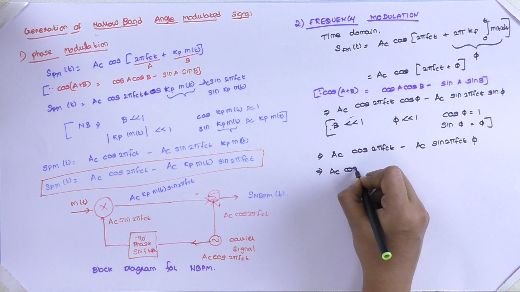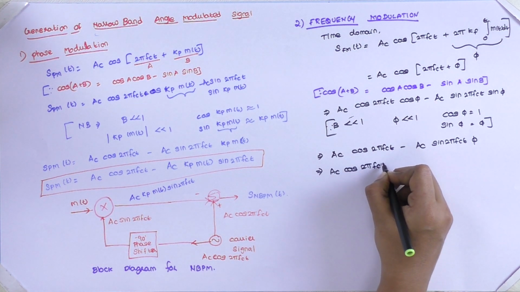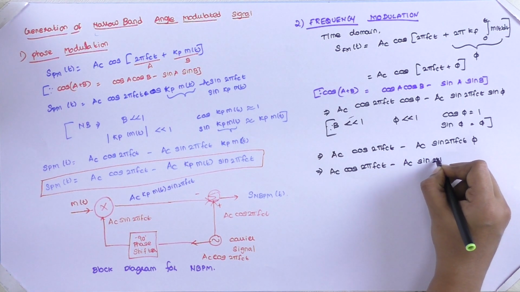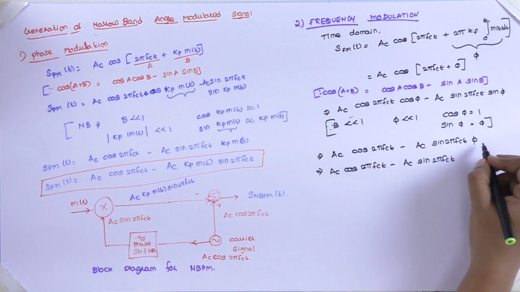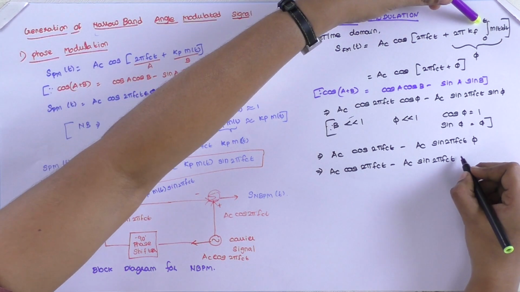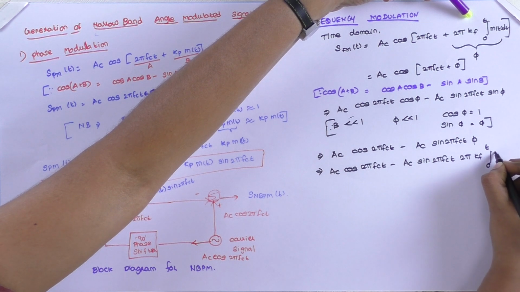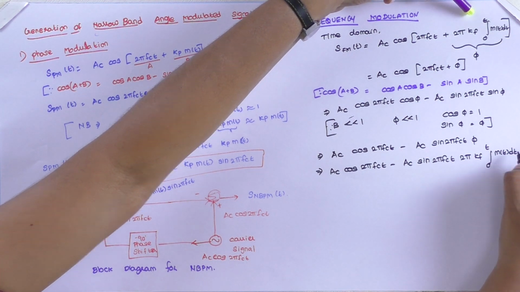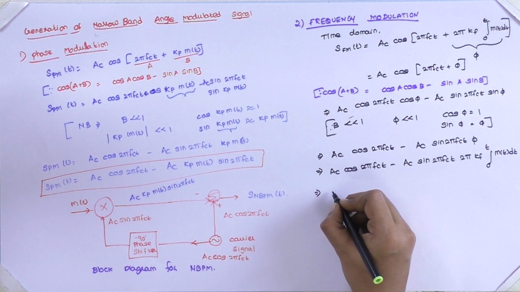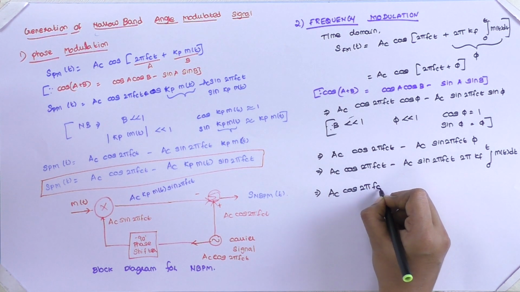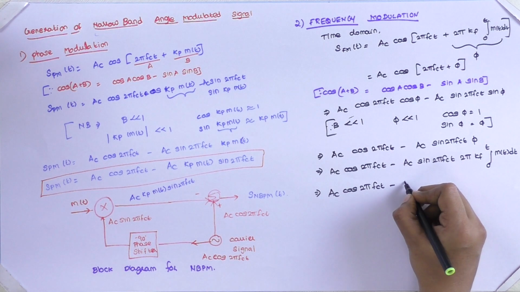AC cos 2 pi fct, by substituting the value for phi, minus AC sin 2 pi fct. What is the value for phi? Phi is 2 pi kf integral over 0 to t m of t dt.